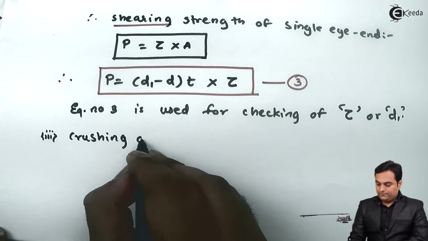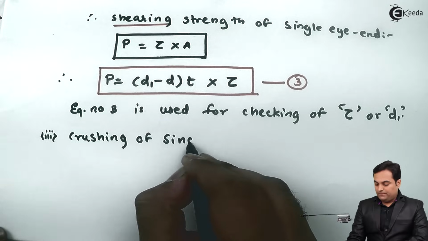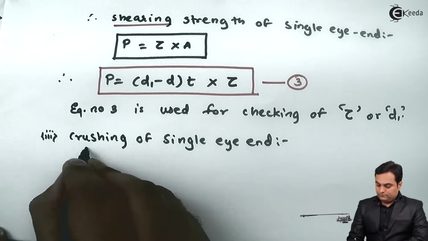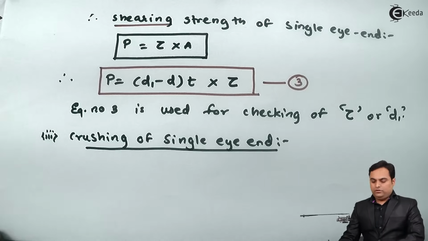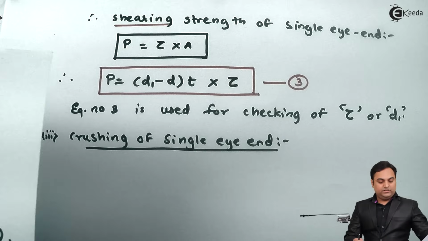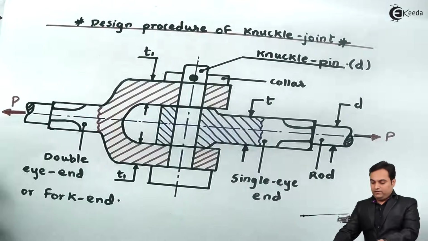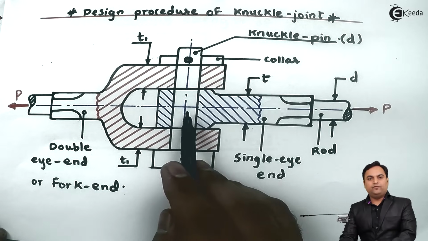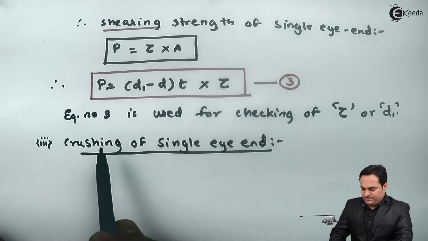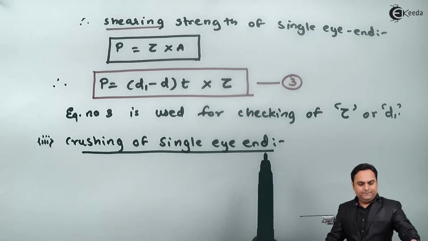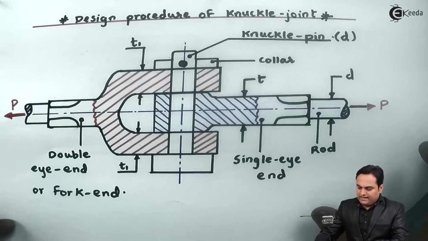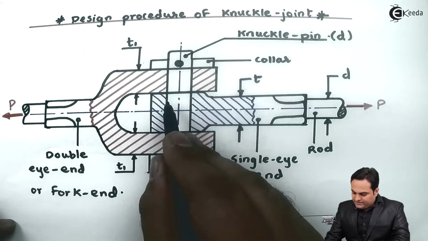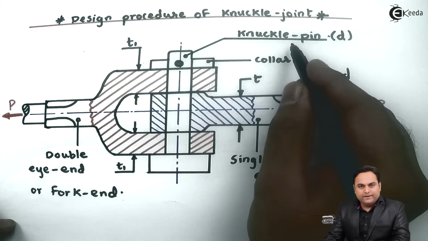Crushing of single eye end. Now single eye end, how it will crush is that from the diagram, single eye end and knuckle pin both are made up of metal. So here we are seeing the crushing of single eye end. As it is seen from this diagram, single eye end is in contact with the knuckle pin.